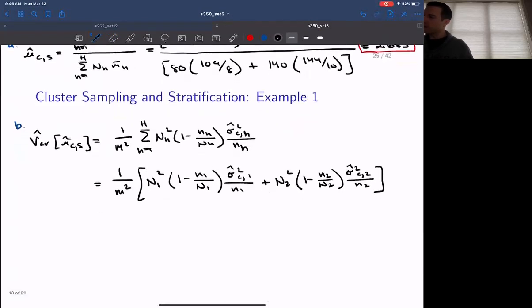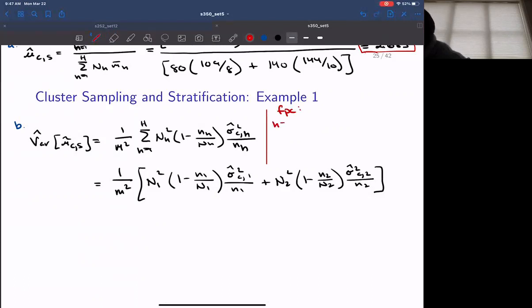Okay, so we can check each of these, right? So this is going to be 1 minus 8 over 80. Maybe I shouldn't do it here just because of the inline part. Right, so if we do that, we have FPCs.